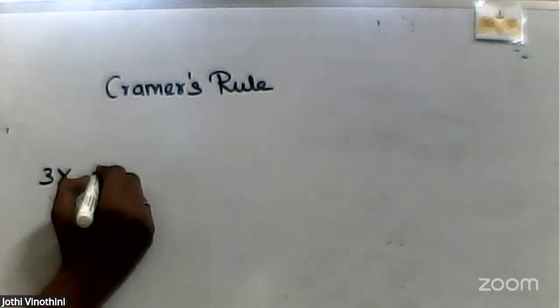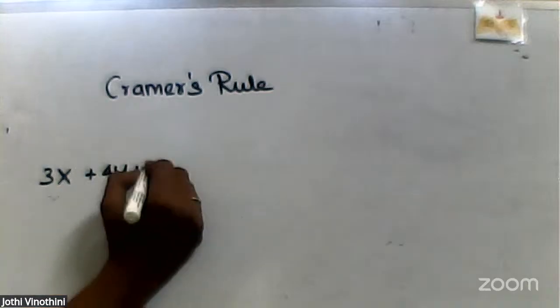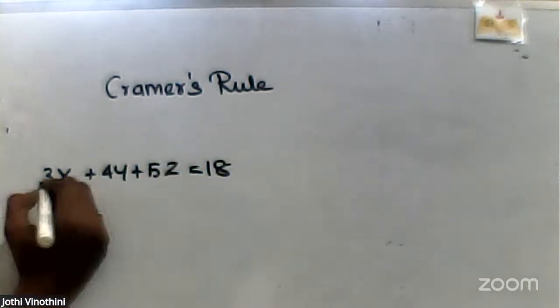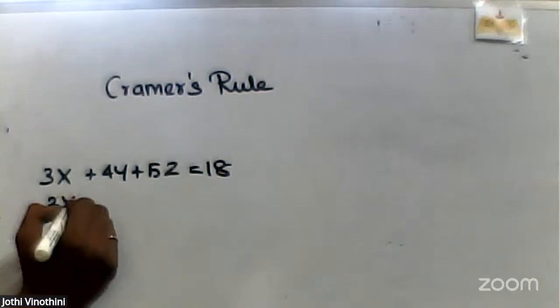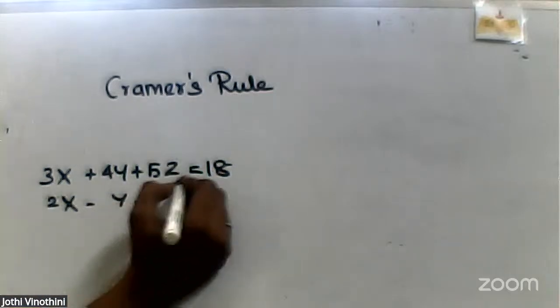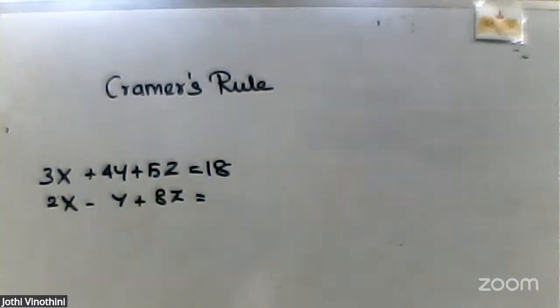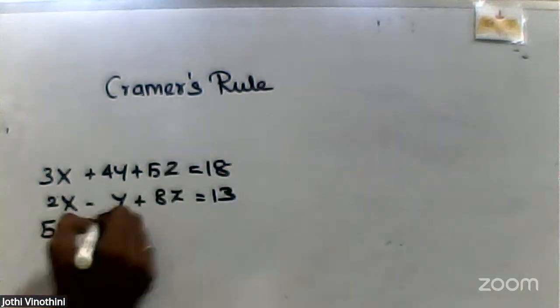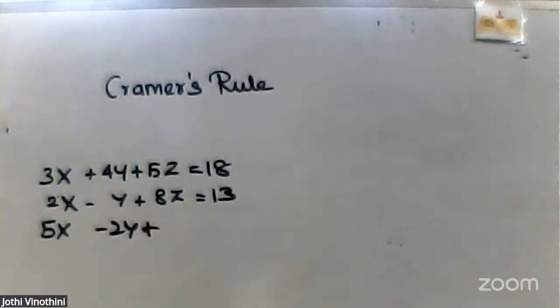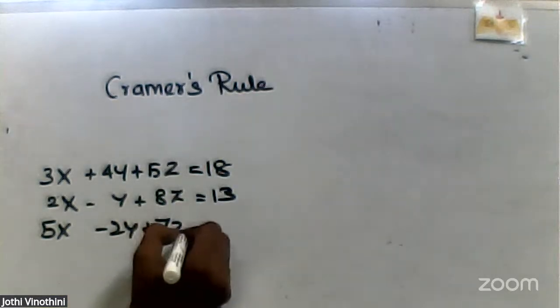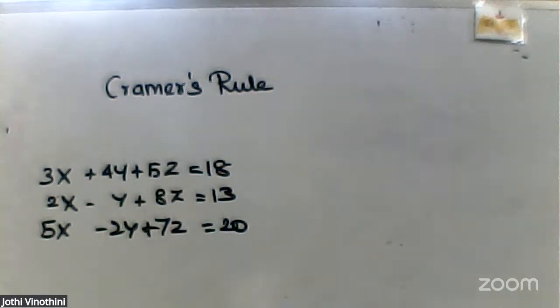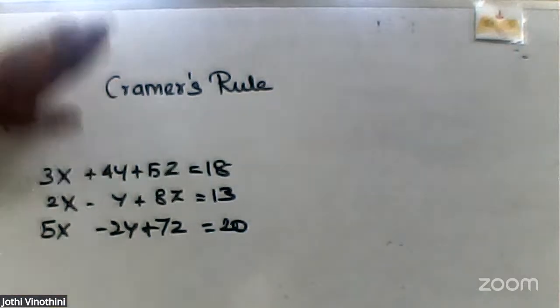We are provided with 3x plus 4y plus 5z equals 18, and 2x minus y plus 8z equals 13, and 5x minus 2y plus 7z equals 20. See, in the previous sum, we were provided with three equations like this, and we are asked to solve these three linear equations using Cramer's rule.